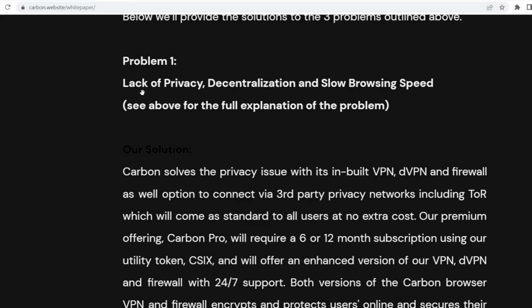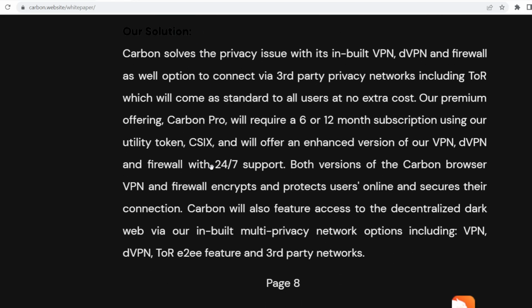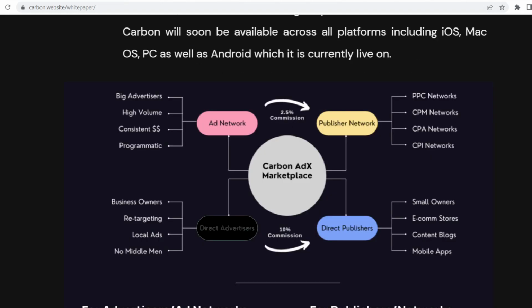For example, for lack of privacy, decentralization and slow browsing speed, they have given the conclusion over here, how they're tackling it and how they can achieve it, like how they're using VPN, DVPN, and much more. Also, in the later part of the white paper, you'll find the functioning of Carbon EdX. Carbon EdX is a kind of marketplace which will be available later on.